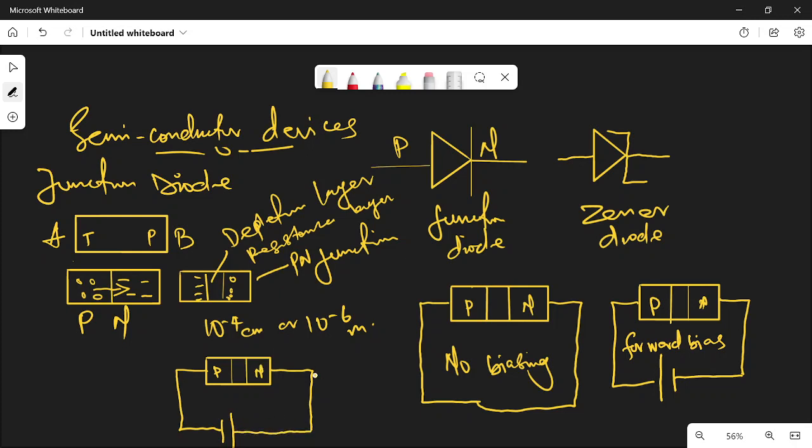So when you connect the N type to the positive pole of the battery and the P type to the negative pole of the battery, we call this one reverse bias. Are we together now? So you have forward bias and then reverse bias.